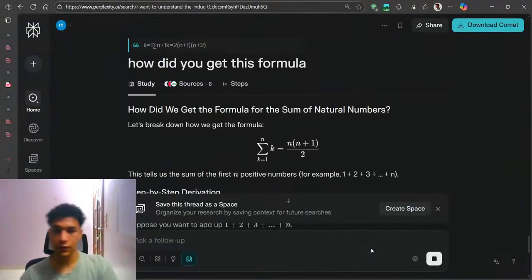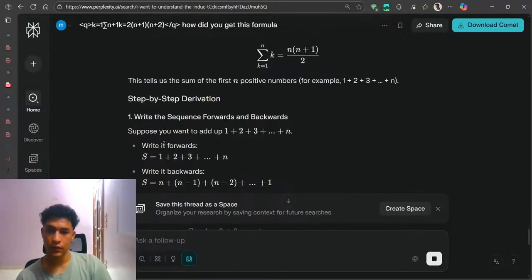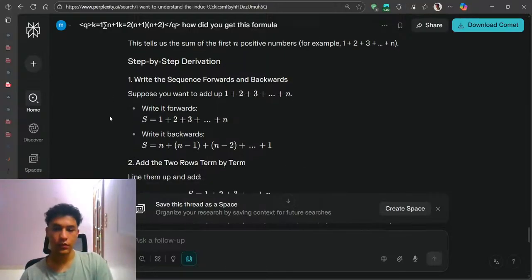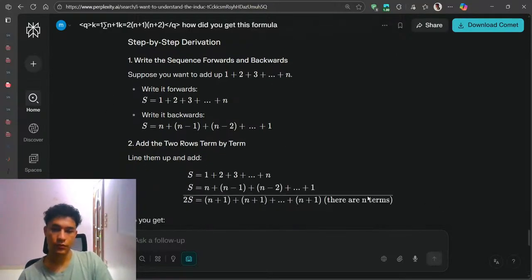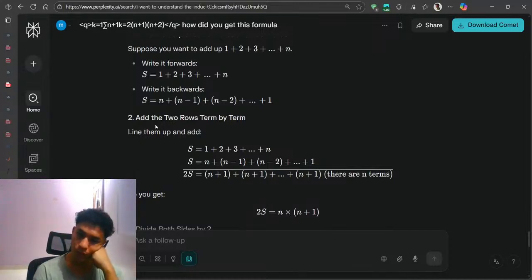How do we get this, the sum of this, step by step? Oh, suppose we want to add up this. Write it backwards: n plus n minus 1 plus n minus 2 plus till the end. Add the two rows term by term. Line up and add.